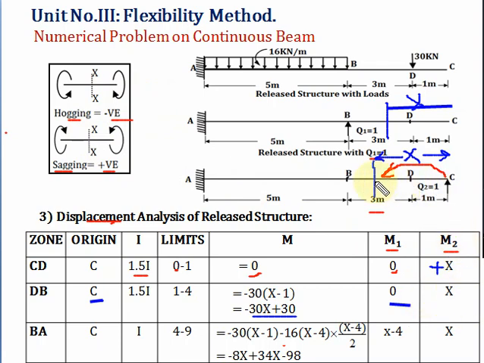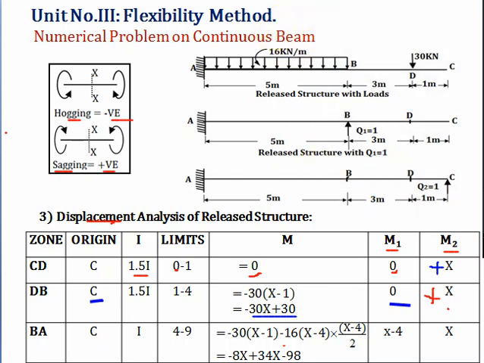This distance is x. So the bending moment will be 1, the intensity of force, into the distance x. So 1 into x is x, and as the nature is sagging, it is plus x.